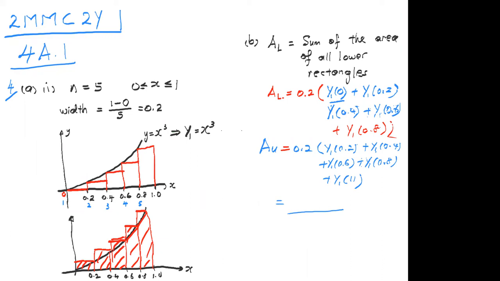For a lower rectangle, the lower height one touches. For an upper rectangle, the taller one touches. So your rectangle cannot be out of the graph; one of the edges must touch the graph. Like this one, the lower one here touches the graph.